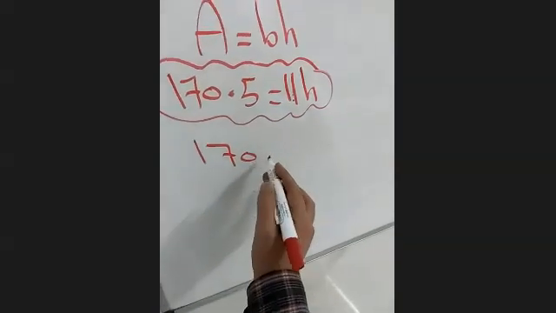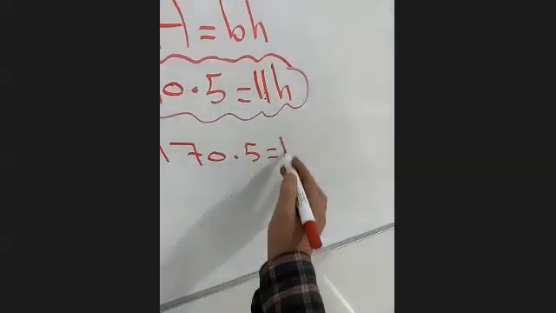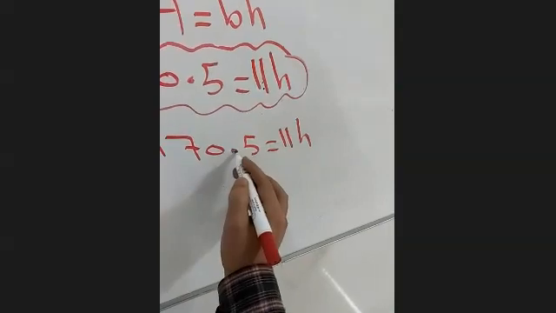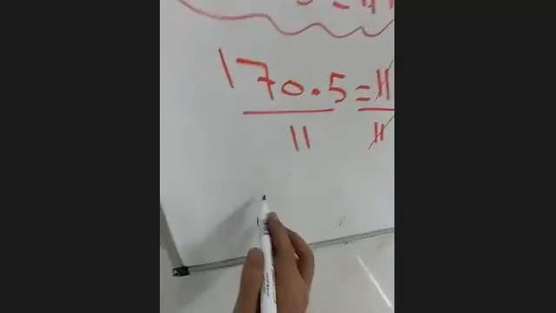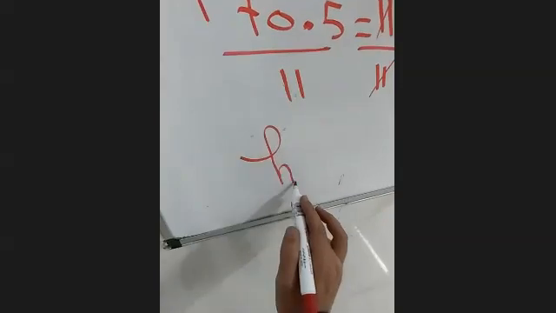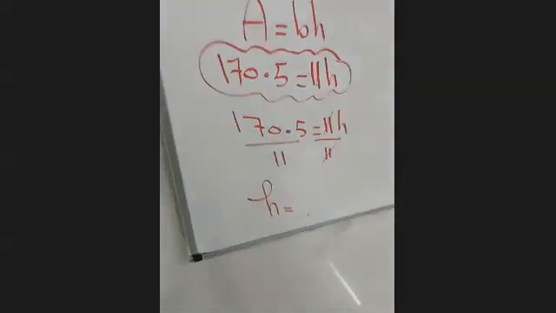Good. So I will rewrite the equation: 170.5 equal 11H, and we will divide both sides by 11. We did that a lot before. Now we cross the 11s and we make division to know how much the height is, right?